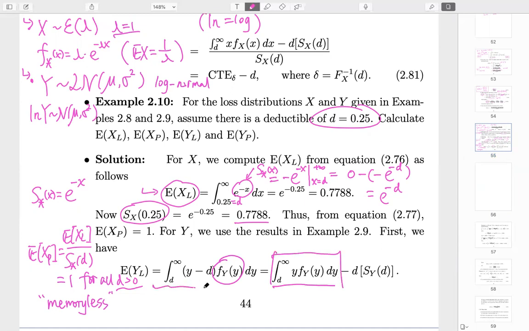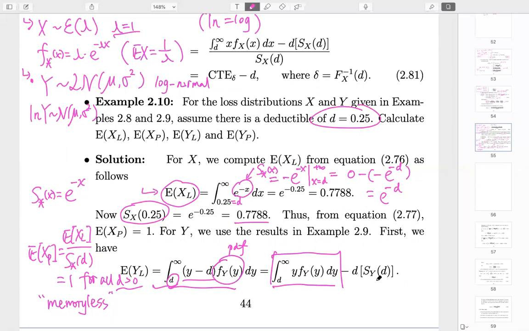Because the first identity is by definition, right? So if you want to calculate the expectation of YL, you just need to consider all the loss greater than D to infinity, and then the positive part you can drop because now it's positive, right? It's strictly positive when Y is bigger than D. Then you multiply by the PDF of Y. You separate it into an integral and a constant part.